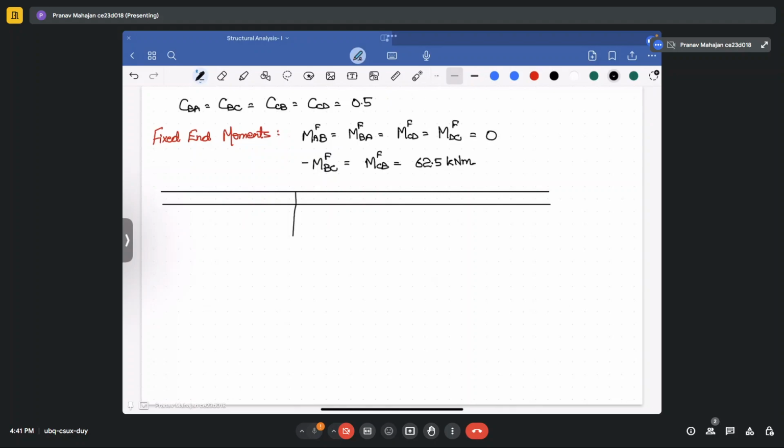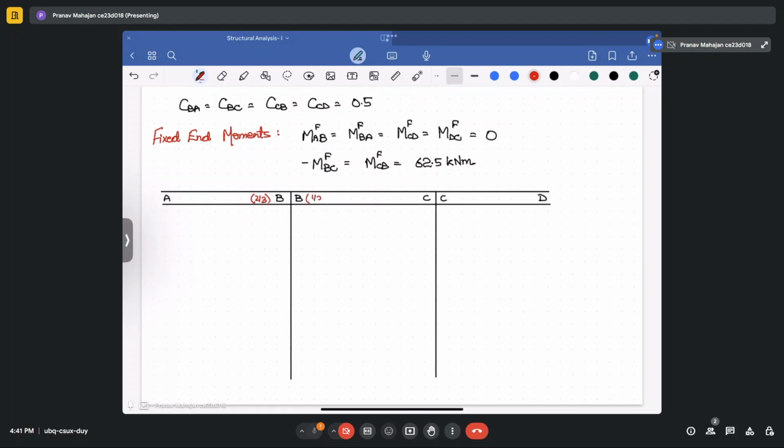So the first span will be AB, next span here will be BC, and then it will be CD. Here your distribution factor is 2 by 3.